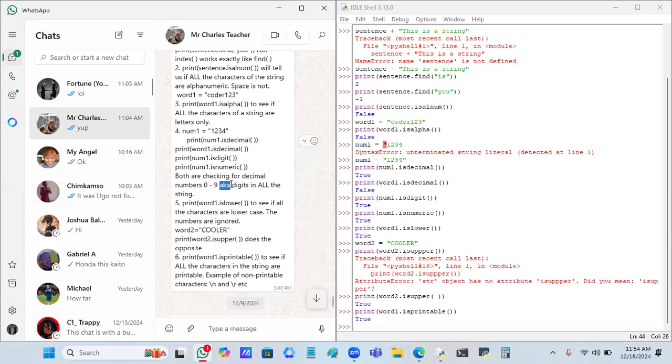Is lower returns true if all the characters in the string are lowercase.